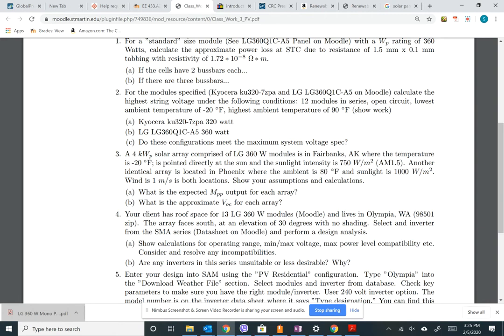That's what it's asking for, the highest string voltage. Open circuit, which is VOC, would be your highest voltage. We already know that. Then we take into account temperature, which will raise that voltage, and we also have multiple modules in series, so we need to take that into account.